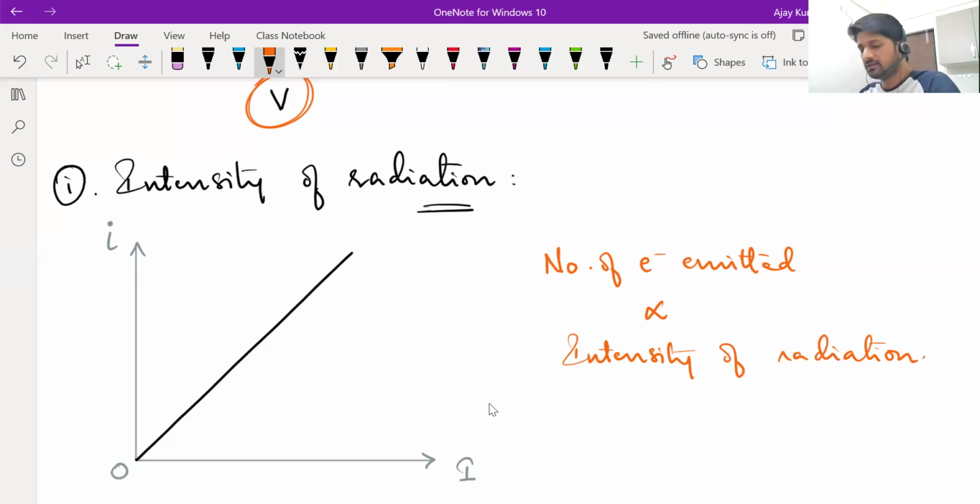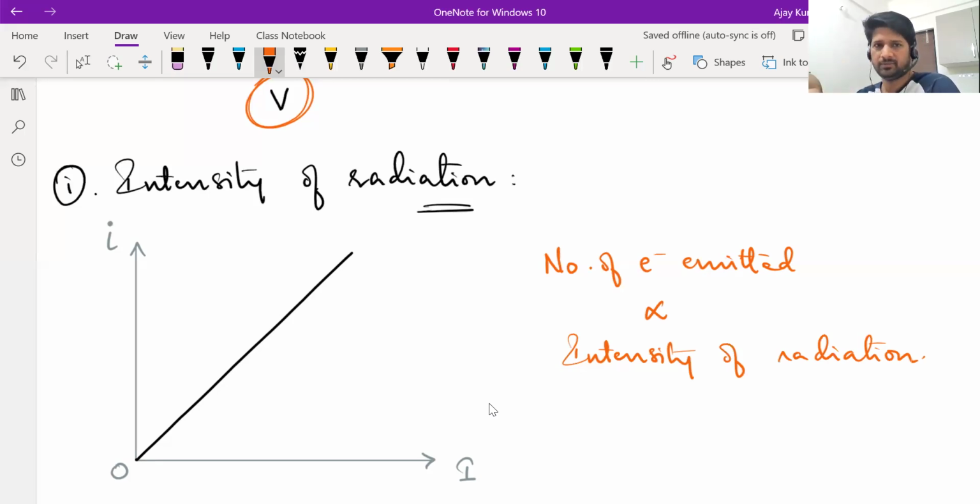But they observed one more thing also. They varied the intensity by keeping the frequency of the radiation constant. So at one frequency, let's say the frequency corresponding to red colored light or violet colored light. Violet color has more energy, more chance of electron emission, or UV light also you can take. They fix the frequency and they vary the intensity. They record the graph.